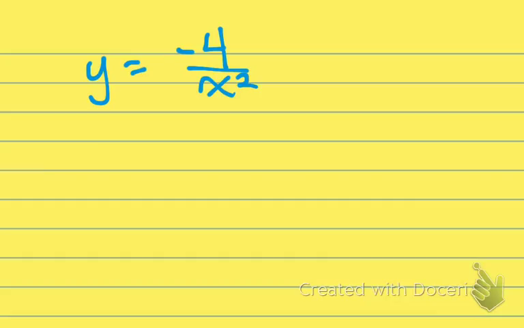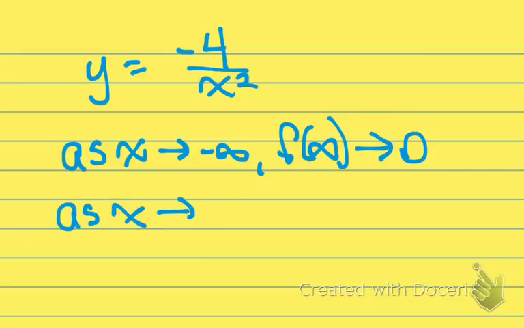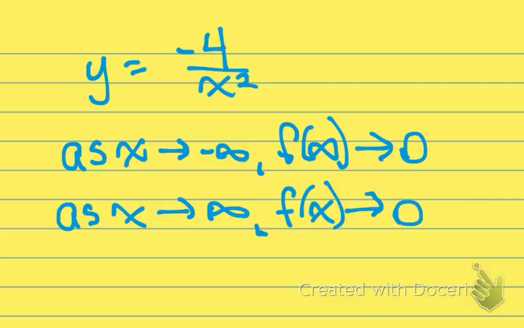So for this last one, as x goes to negative infinity, f of x approaches 0, and as x goes to positive infinity, f of x goes to 0 also. Very similar to what we saw before.